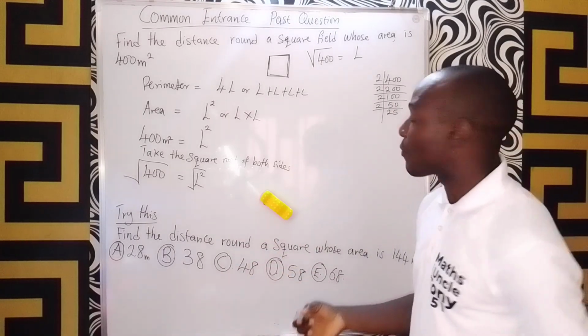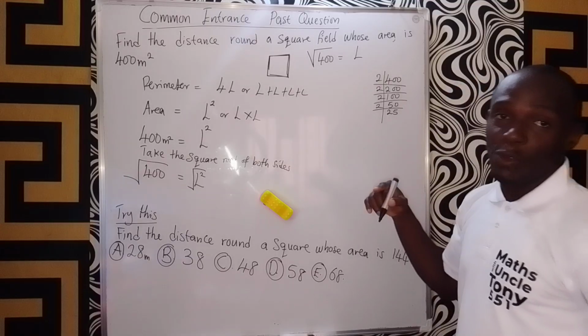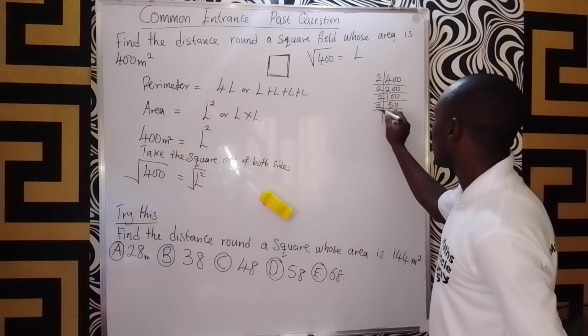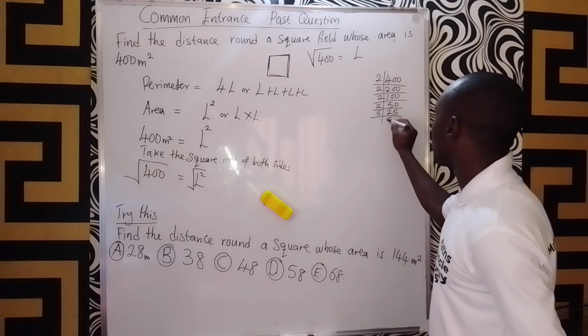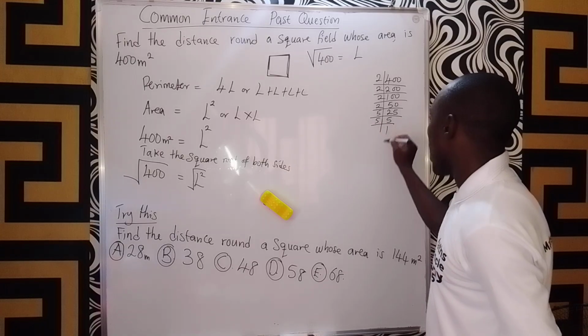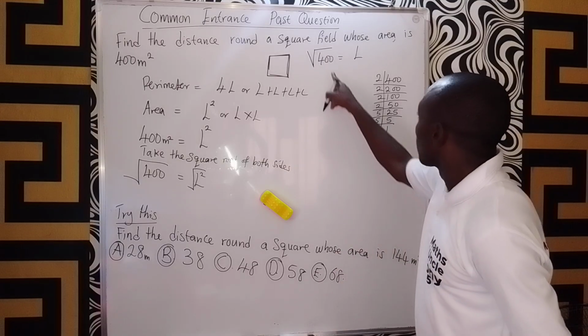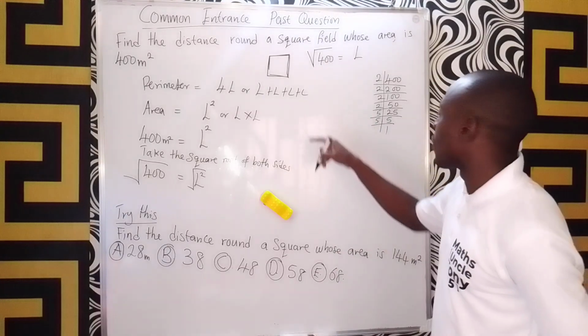Another prime number is 3. 3 cannot divide 25 without remainder, so we go to the next number, which is 5. 5 into 25 is 5, and 5 into 5 is 1. Now, remember we are trying to find the square root of 400.